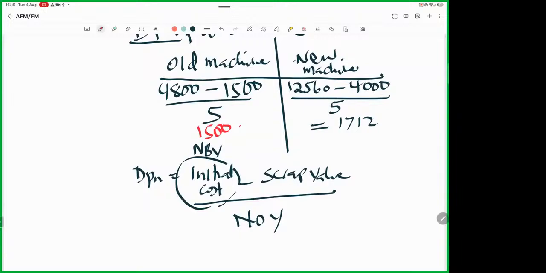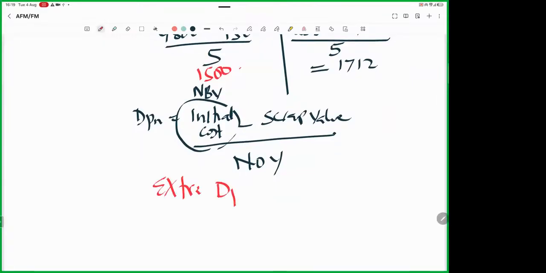Now, are you able to give me the extra depreciation of the new machine here? Are you able to see the extra depreciation? Where are they getting 660?